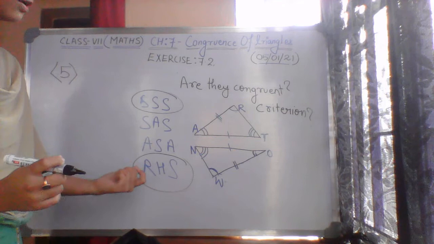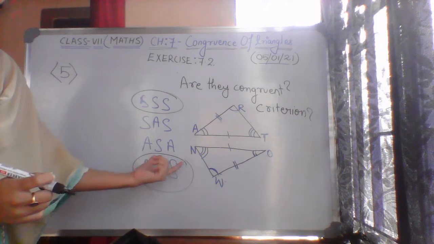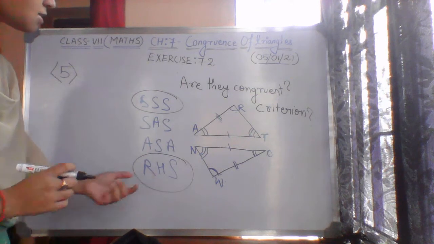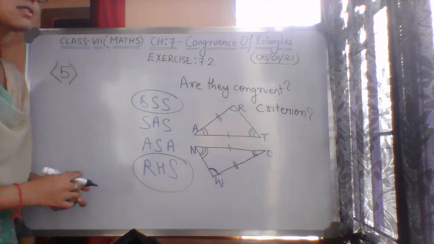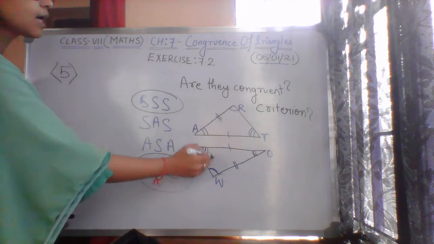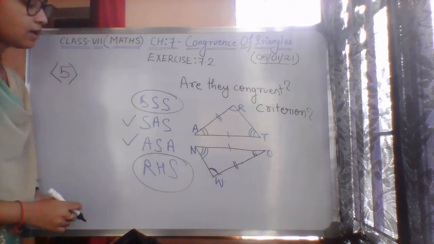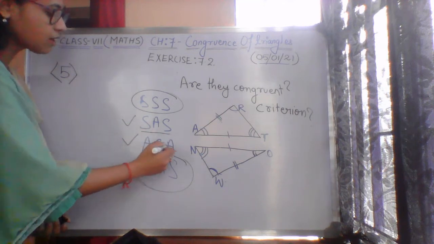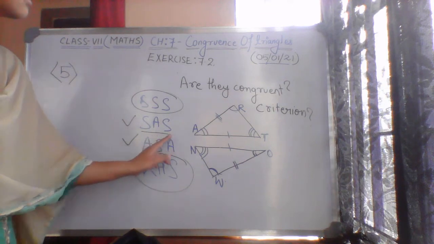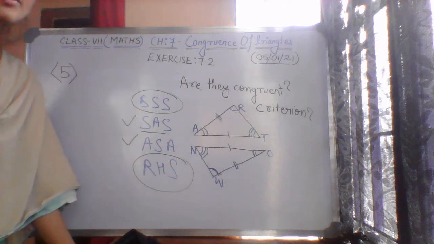So first you think of the right angle, then we will think of the other two factors: whether the hypotenuse is equal, and whether one side is equal. The first part of RHS is not fulfilled, so we cannot apply RHS. Now try to think about these two: SAS and ASA. What are the corresponding parts if it is SAS? What are the corresponding parts if it is angle, side, angle?